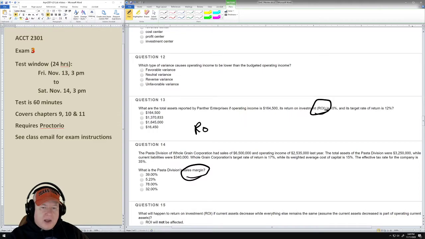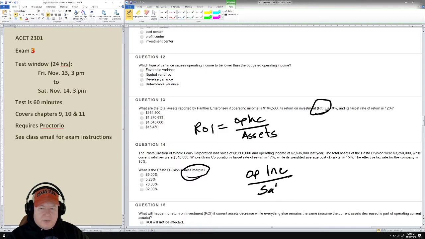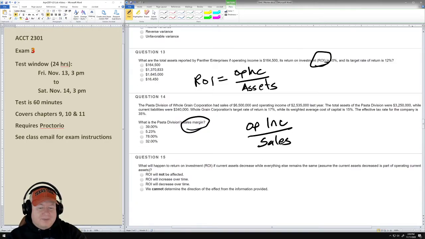So ROI is the operating income over the assets, and sales margin is operating income over sales. And if you remember the last one, sales over assets, well, I'll let you figure that out. Make sure you know all three of those.